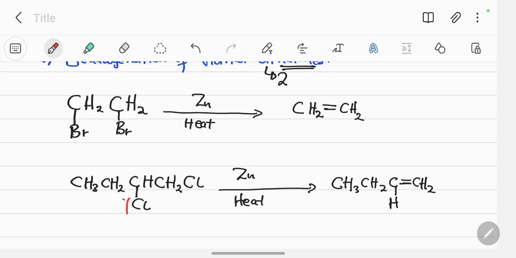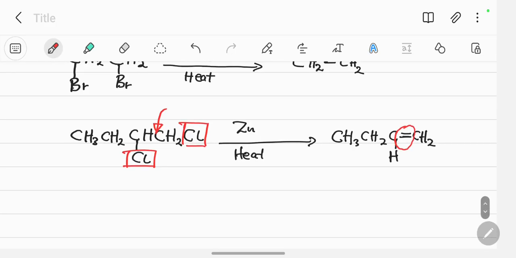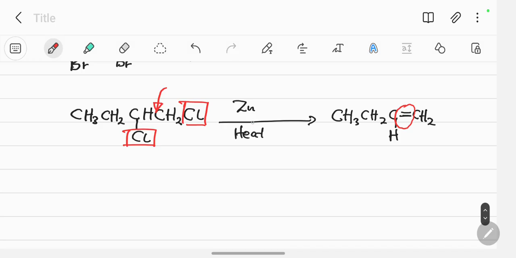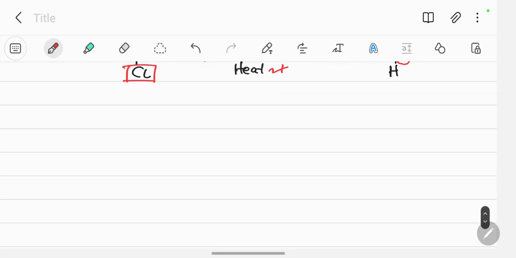As we break off the chlorine atoms, we establish a bond between those two carbon atoms, and we generate a double bond there. So don't forget that zinc and the condition heat.